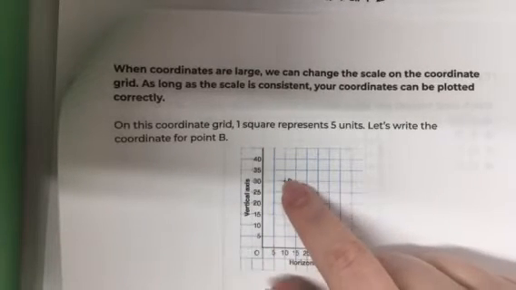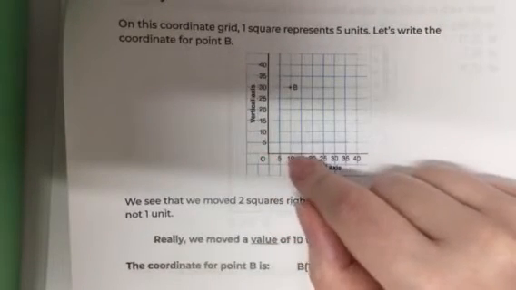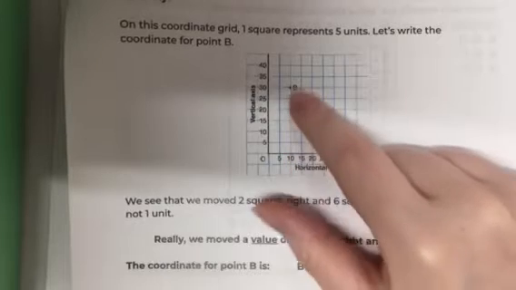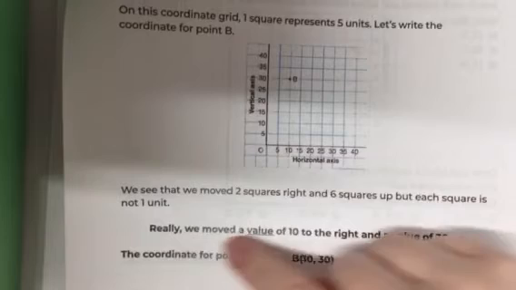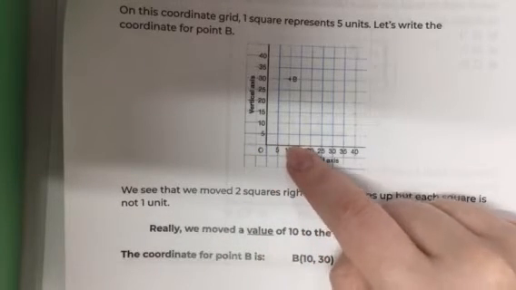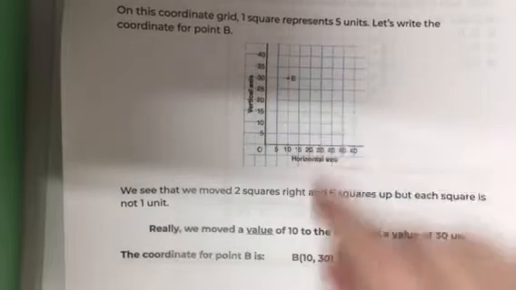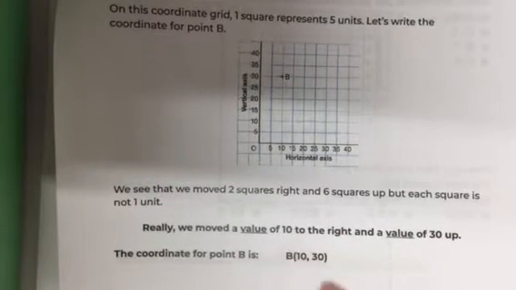So if we're trying to figure out the coordinates for B, it looks like we go over 2 and up 6. However, we have to see what they're worth. So really the value is that we went 10 to the right and we went 30 up. So the coordinate would be 10, 30. So you always have to look at what the value is when you plot points.